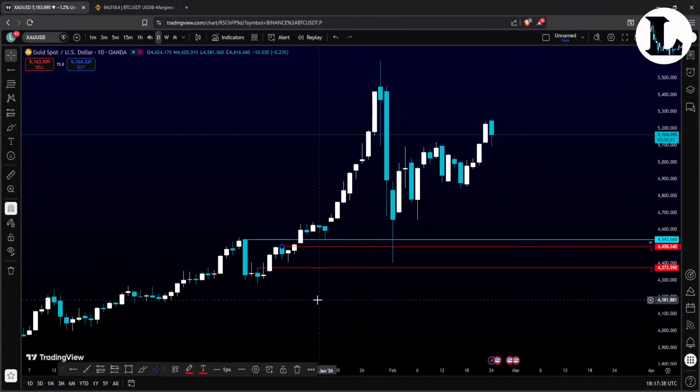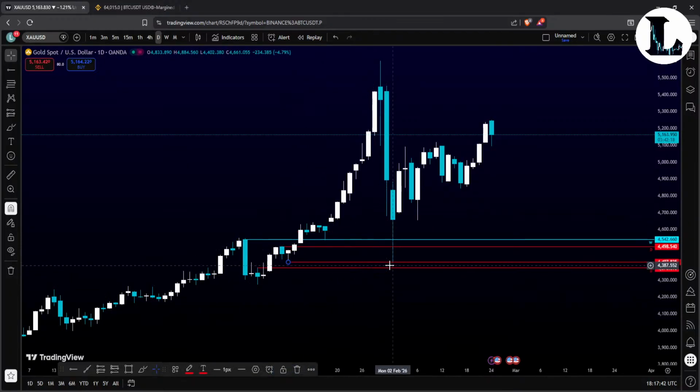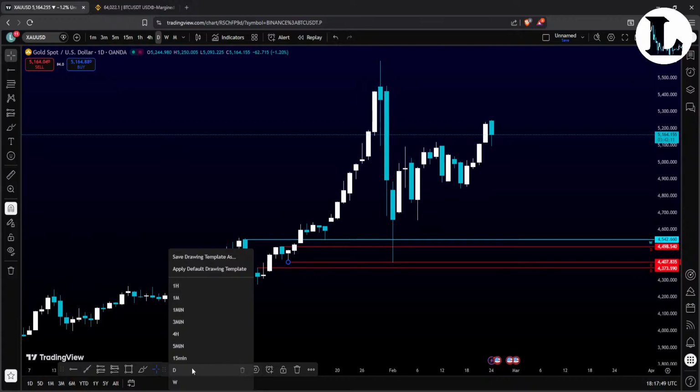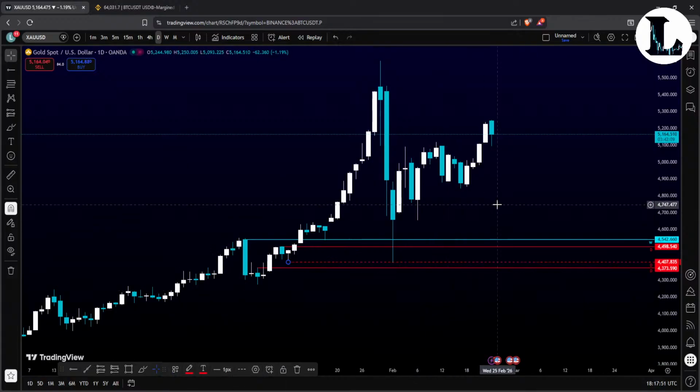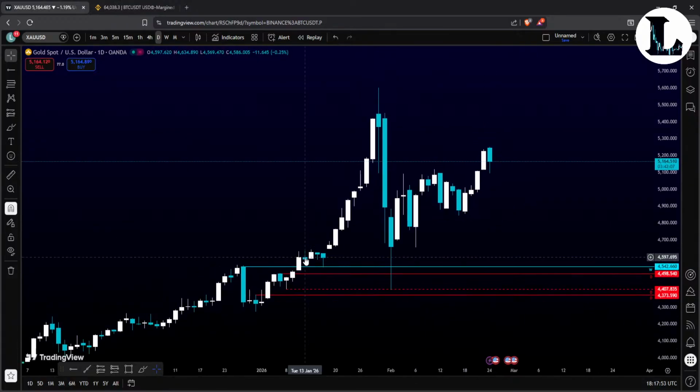Sorry. And we have the break level here, and you can see the reaction on this break level. Sorry, break level. It doesn't have big support here, but you can see that it went to the next support.